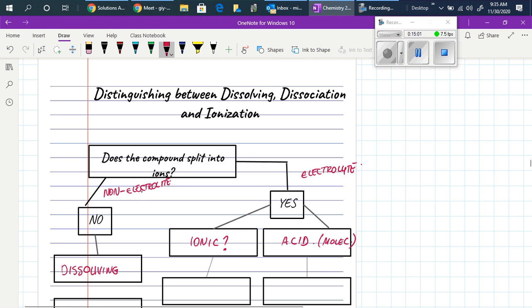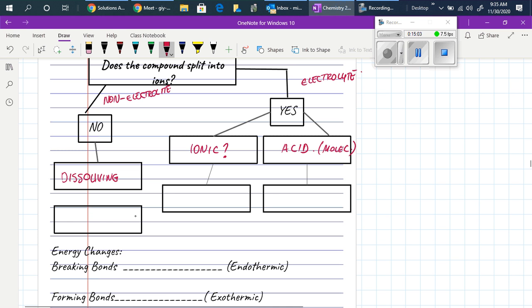And if it is an ionic, what you have in this case is that the intermolecular forces, bonds, are broken. And what do we have in the case of the ionic? We have a dissociation. And when we have an acid, we have ionization.